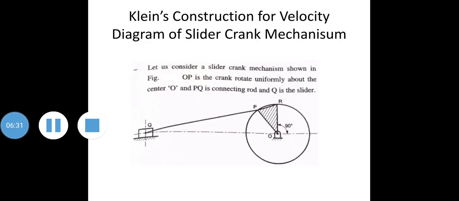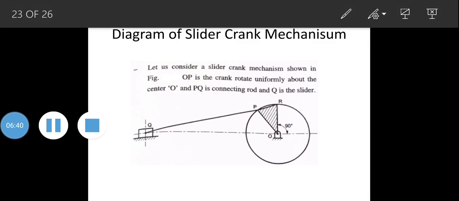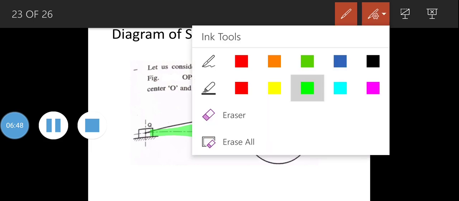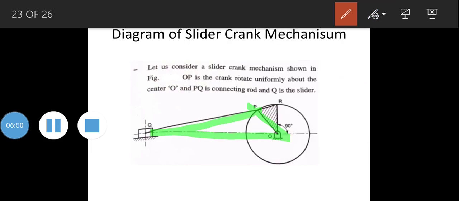Now we will be looking at the next method, that is Kelvin's construction for velocity diagram. For velocity diagram, in order to get it, this is the original image. What we have to do is extend the point of OP till this much, and from here O we have to extend a point upward, so that we will get a triangle like this.